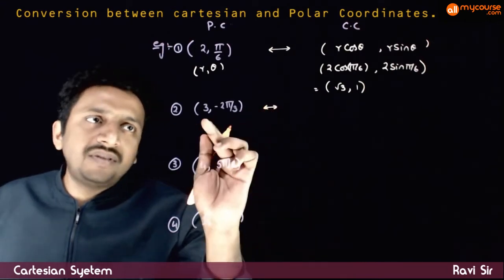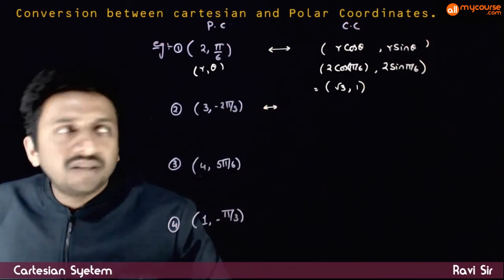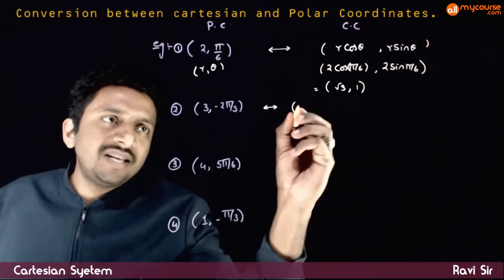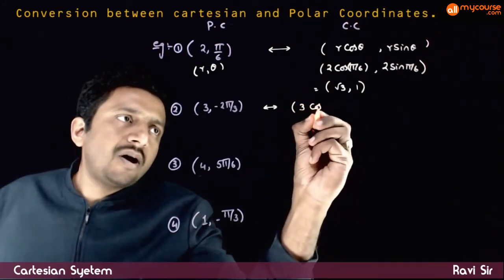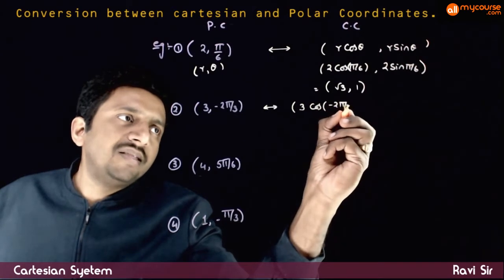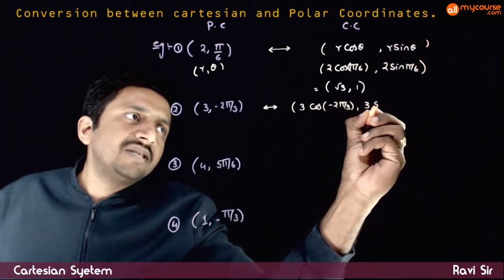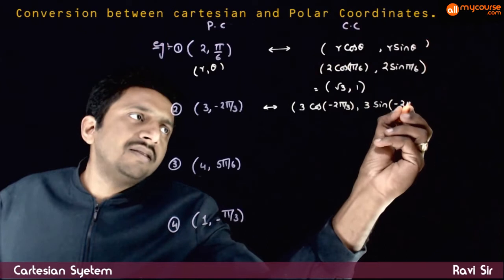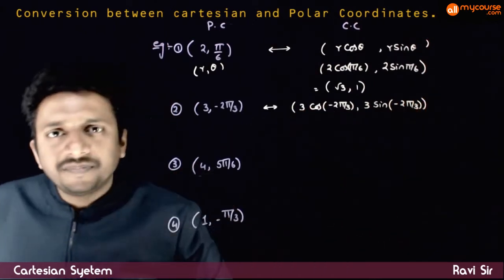Next, if you have 3 comma minus 2 pi by 3. So again the formula is same. 3 times cos minus 2 pi by 3 and 3 times sine of minus 2 pi by 3.